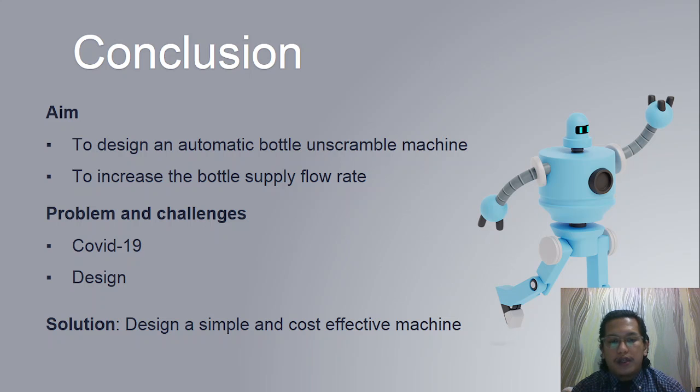And for the solution is to design a simple and cost effective machine which can benefit the company without having to give out extra fund just to increase their productivity.